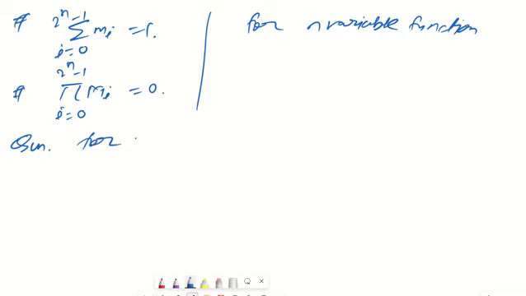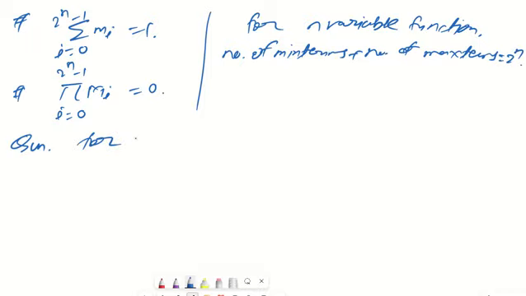So there was a very simple GATE question. I'll just tell you very quickly. I told you that for an n variable function, the number of min terms plus the number of max terms is equal to 2 to the power n.